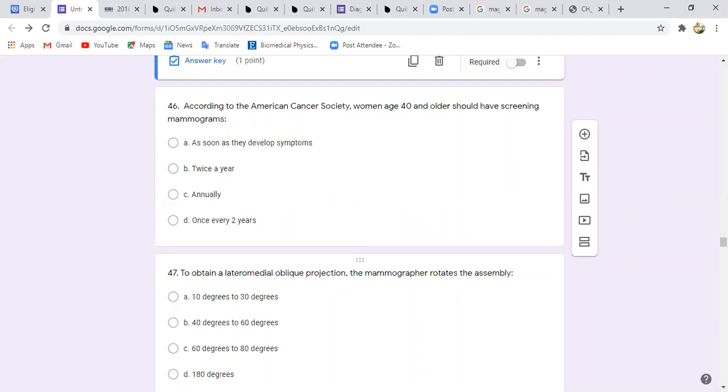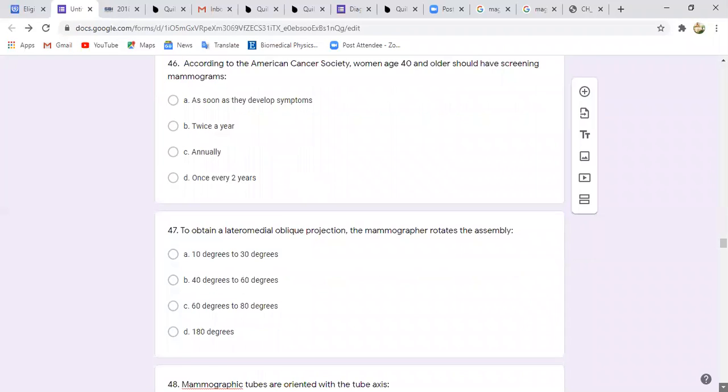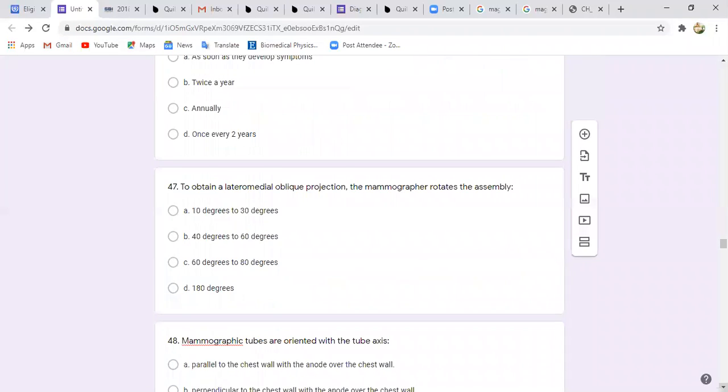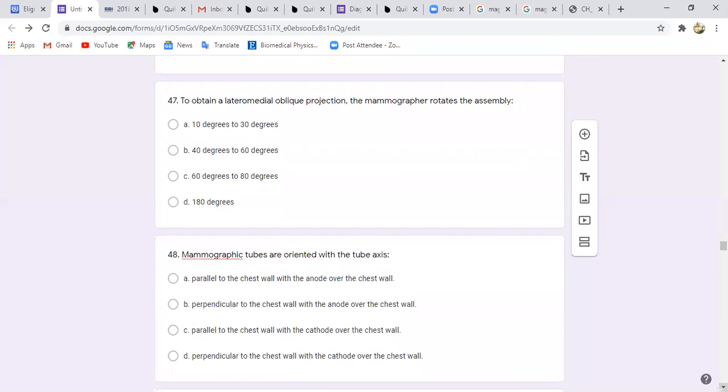America just annually. 47, to obtain the mediolateral oblique projection, what happens? How does the mammograph repeat the assembly? Of course, mainly we have two views, the craniocaudal and the mediolateral oblique, or MLO.